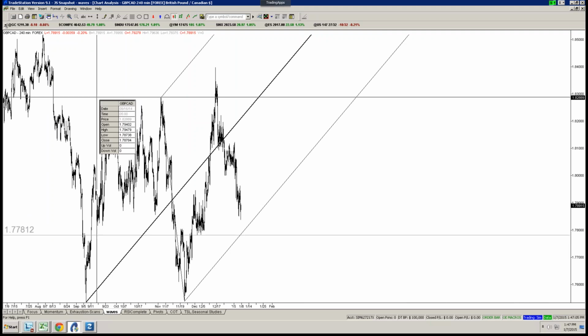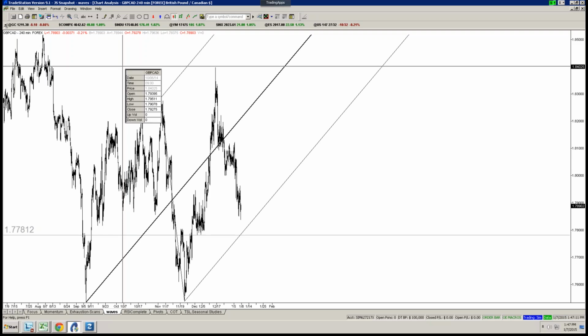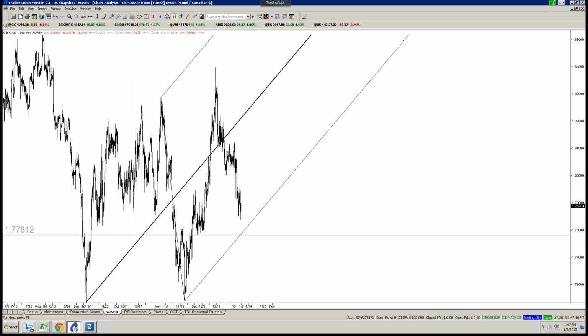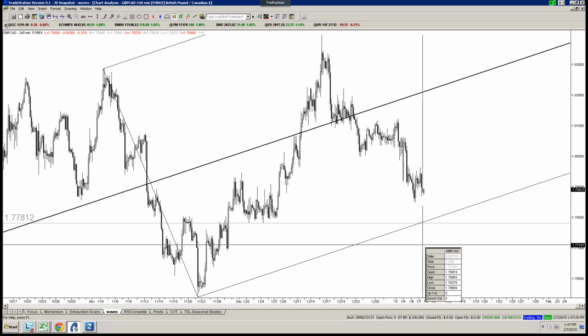Okay, 61.8, we're right here. Going to see where so this could be a level to watch down here, more or less.